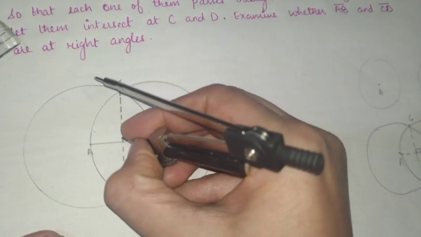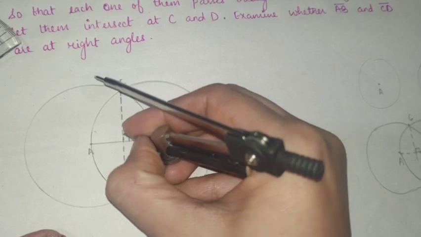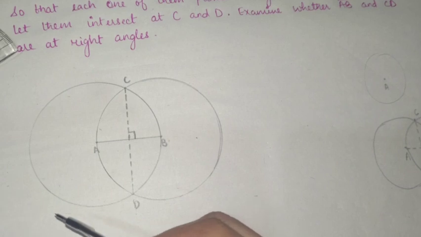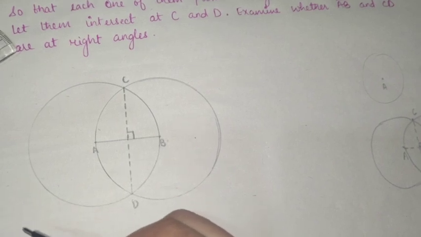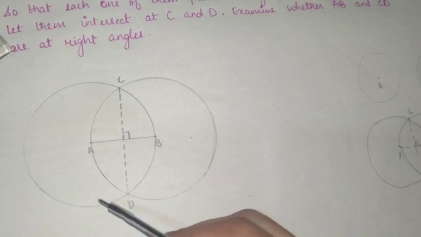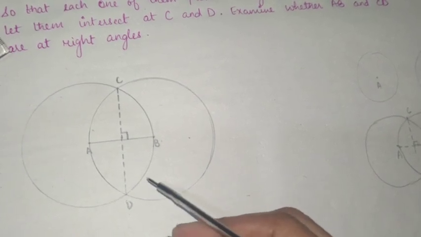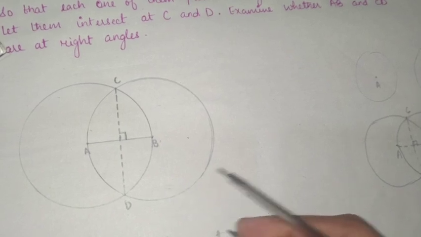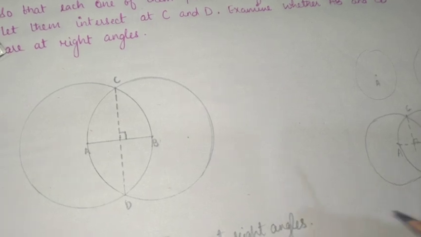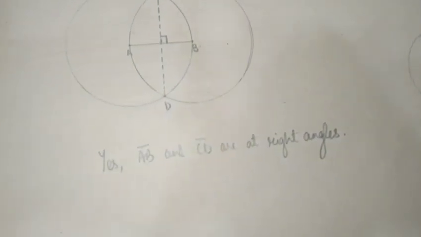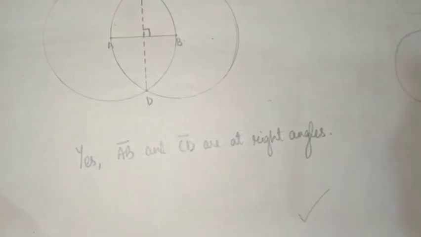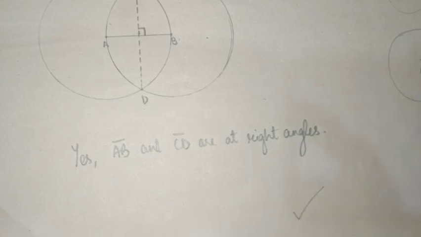So you'll just draw a sign of perpendicular or 90 degrees and you will say, yes, AB and CD are at right angles. Yes, AB and CD are at right angles, and you have completed your exercise 14.1.